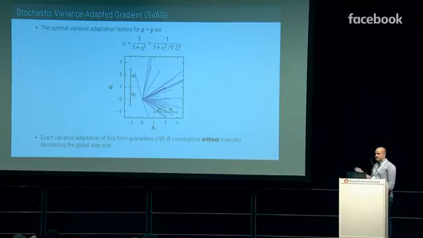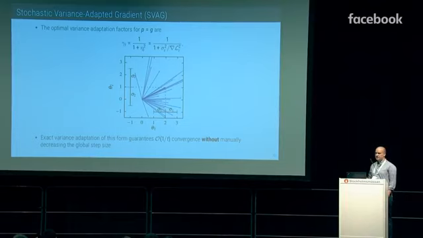And in this non-sign case, we can now nicely visualize this adaptation. So in this sketch, you see some 2D stochastic gradients in light blue scattered around the true gradient in dark blue. And the situation here is such that the relative variance is much higher in the theta 2 direction than in theta 1.